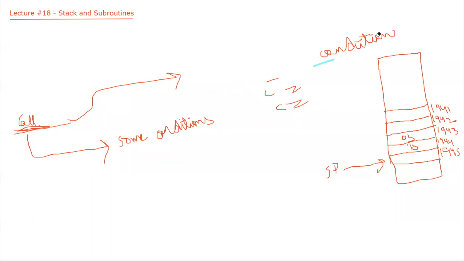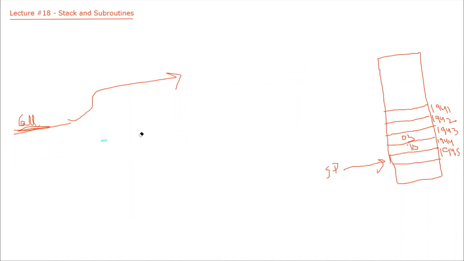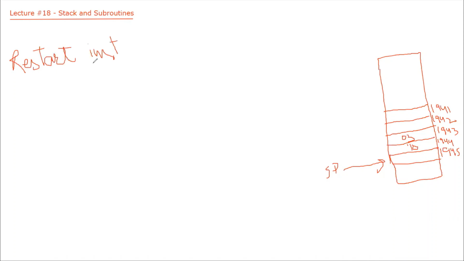Now, there is another category of instructions in our microprocessor 8085 that works similarly to the call instruction. Those instructions are called restart instructions. They work in a similar manner as the call instruction.